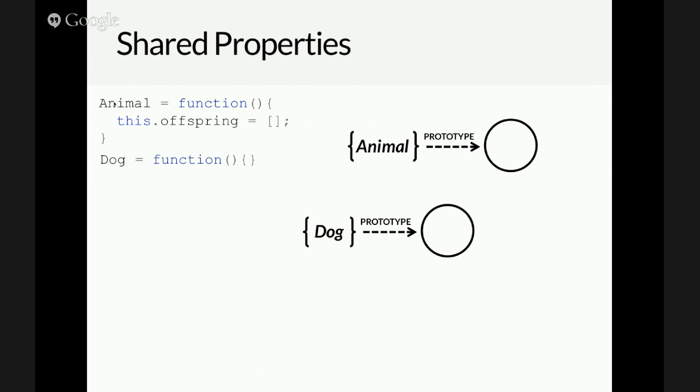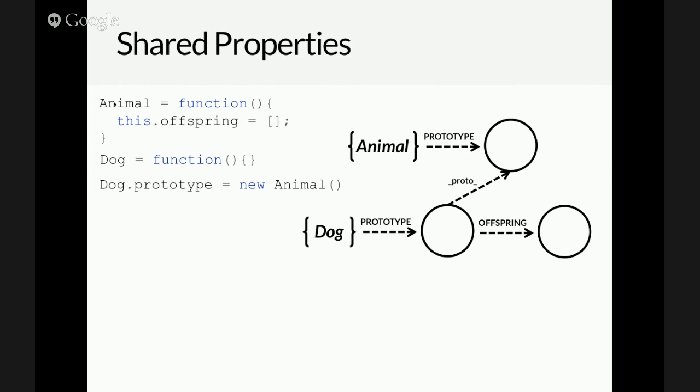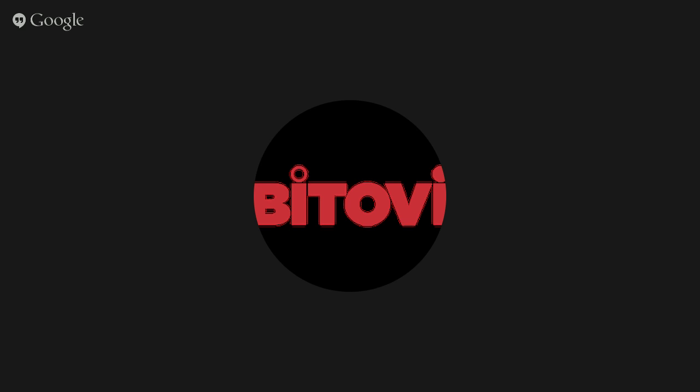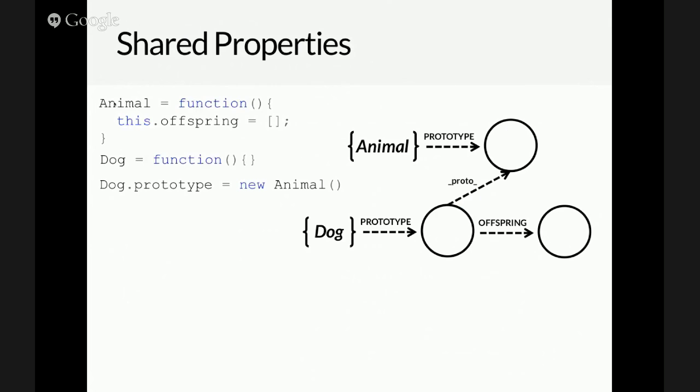That function has a prototype, which points to an object in memory. Then, if you remember this line, dog.prototype equals new animal, what this is doing is invoking animal's constructor. So this is the first time we're going to go inside animal, and it's going to say this.offspring equals empty array.